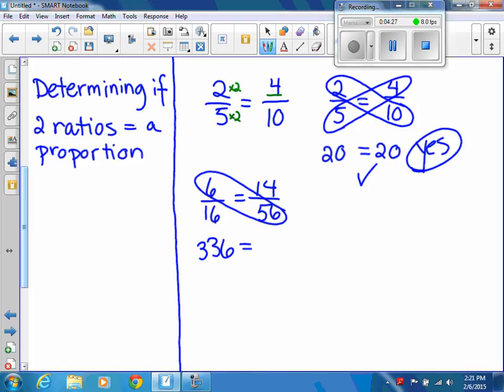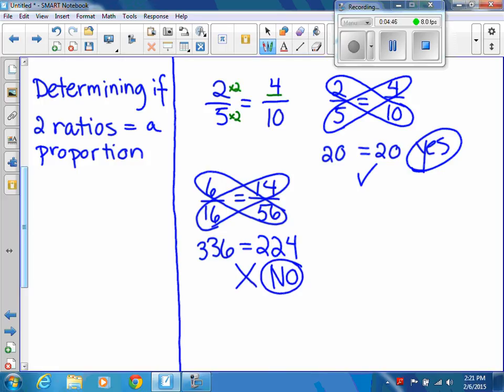And then it's going to equal 16 times 14, and when I do that math, I get 224. So is it a proportion? No, it's not a proportion. This does not equal each other. Therefore, no, it's not a proportion.